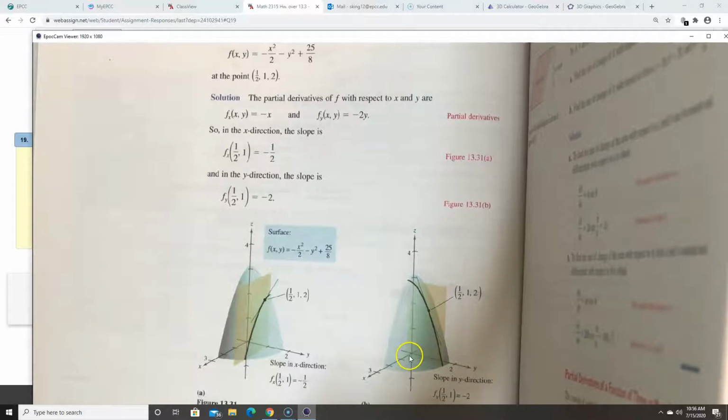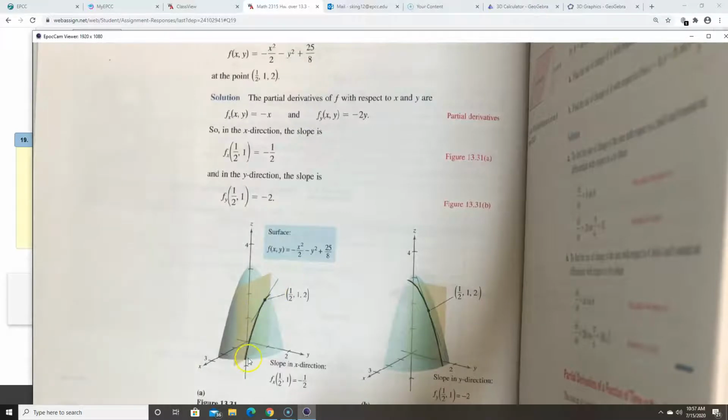If you come out just 1/2, that's 1 unit, 2, 3, 1/2. The plane of x equals 1/2 cuts through and intersects the surface, and it gives you this intersecting trace curve, which is similar to this, but it's this way.